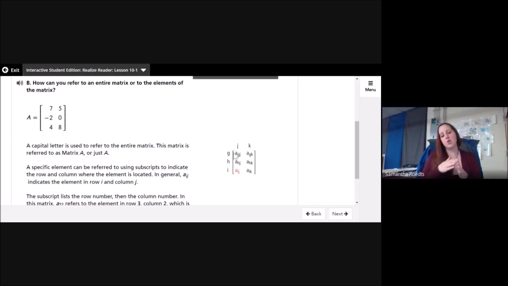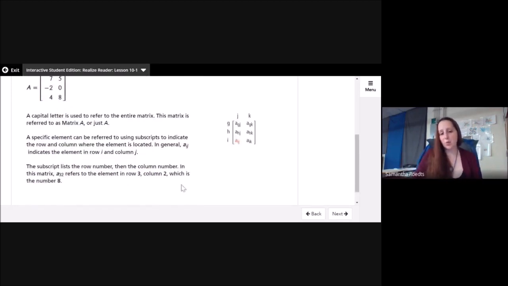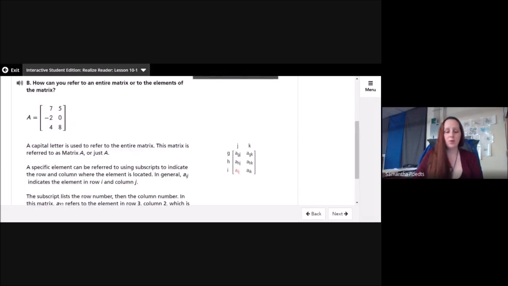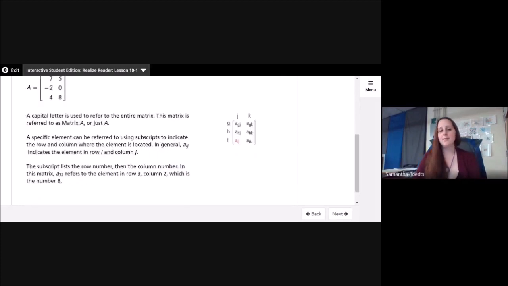So the first number is your row, second number is your column. The subscript lists the row number, then the column number. In this matrix, A sub 3,2 refers to the element in row 3, column 2. Or row 3, which is this row here, 4, 8, and then column 2 is 8.